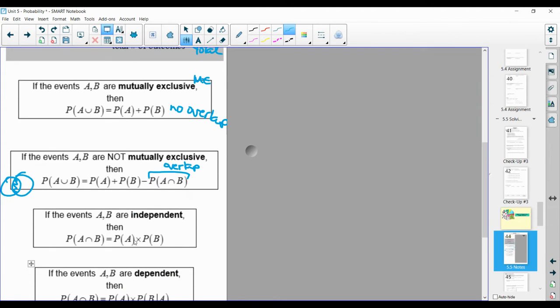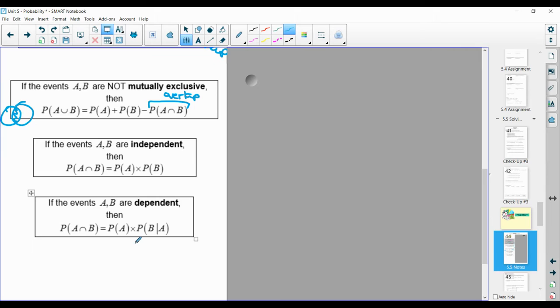Now, if we were talking about independent and dependent events, we're looking at and situations. If something is independent, that means that one outcome does not rely on the other. So if we were talking about cards, it would be with replacement. And for dependent, one outcome impacts the other, so with cards, it would be without replacement.